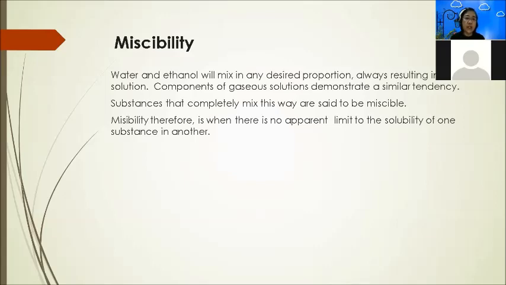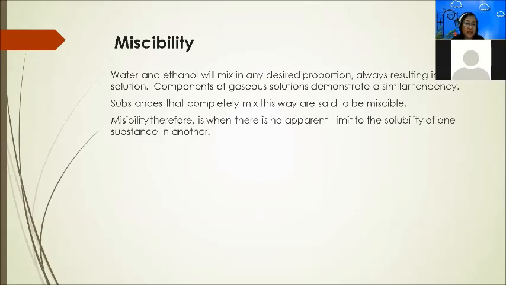So this is an illustration of miscibility. Okay, so miscible means homogeneous. Water and ethanol will mix in any desired proportion, always resulting in a solution. Ganun din yung gaseous solutions. So all gases when mixed together will always become miscible or will always result into homogeneous mixtures, regardless of which of the gases is greater or lesser in amount.